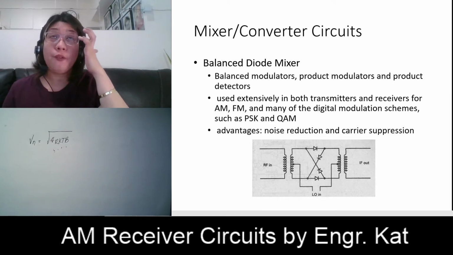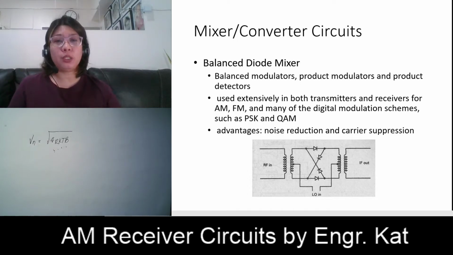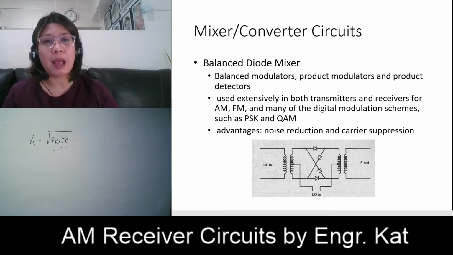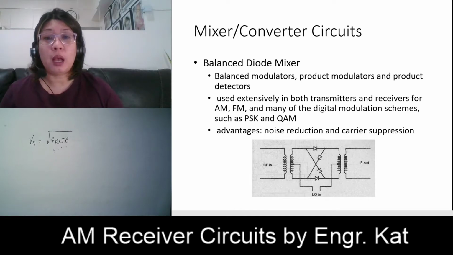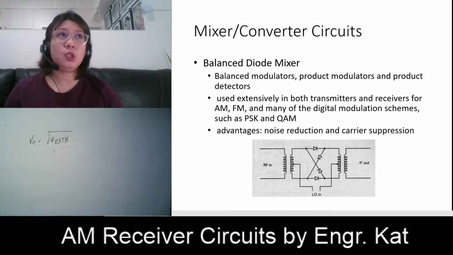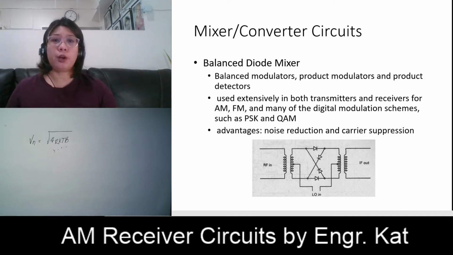Okay, however, there are other types of AM that we will be discussing next, and some of the characteristics of those AM is suppressing the carrier. Okay, so therefore we will be discussing this balanced diode mixer when we wanted to suppress the carrier already. But since this is a conventional AM, therefore the carrier is still present in our receiver.